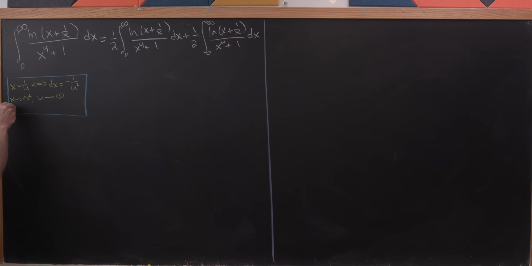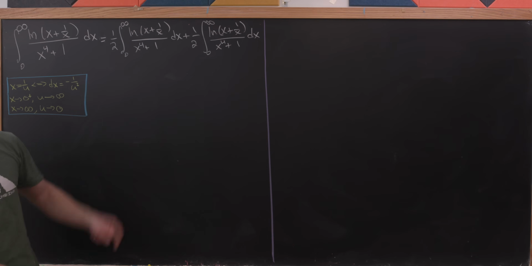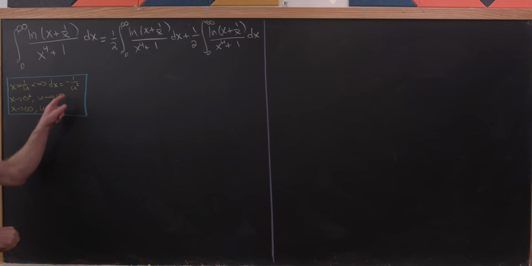And as x goes to positive infinity, that means that u is going to go to 0. So that's going to flip our bounds of integration to infinity to 0. But I'm going to take this minus sign here and have that flip the bounds of integration back.